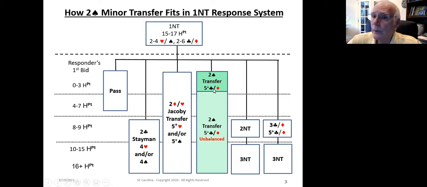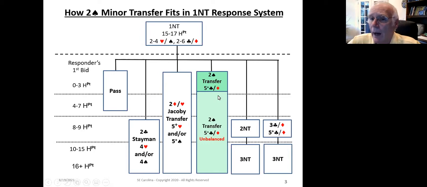So we're going to use the 2-spade transfer convention with 5+ clubs or diamonds. Now, one of the things to note, though, is that we're only going to use the 2-spade transfer convention with 5+ clubs or diamonds in an unbalanced hand with greater than 4 points.